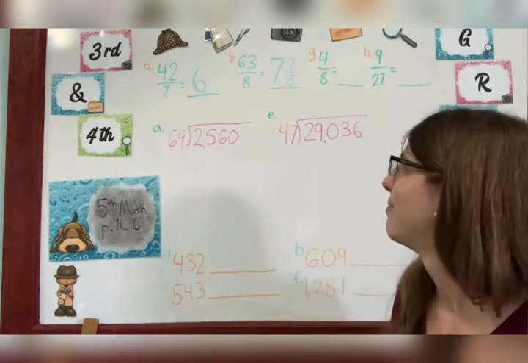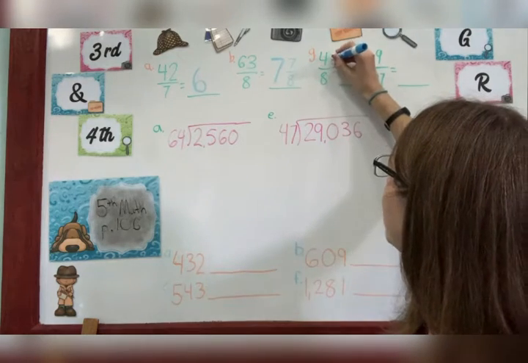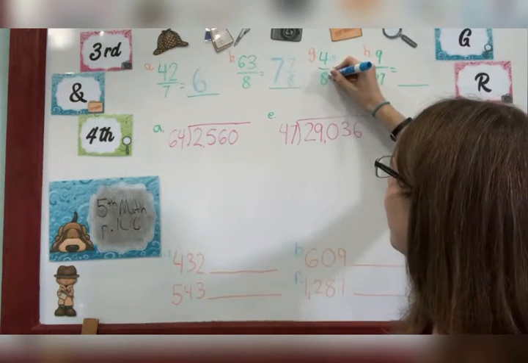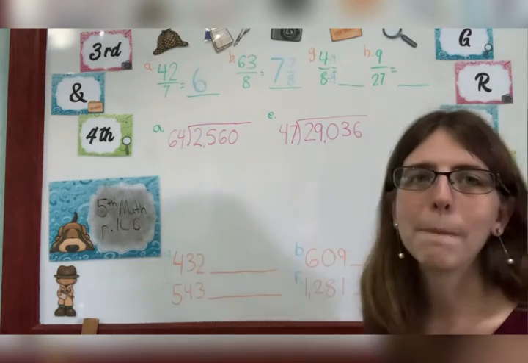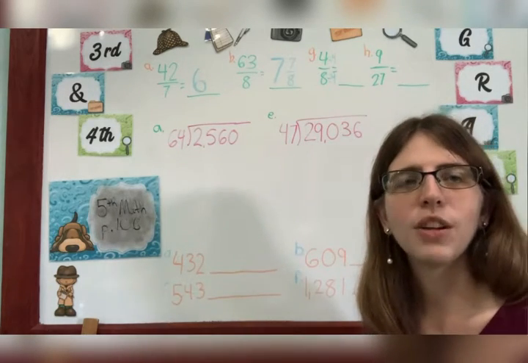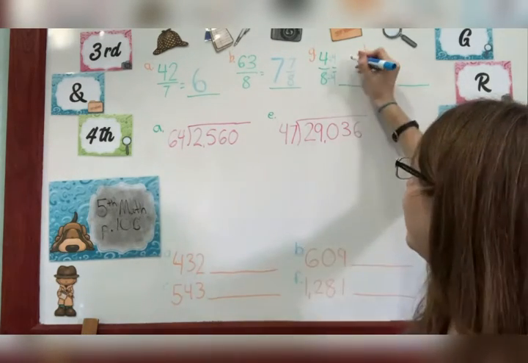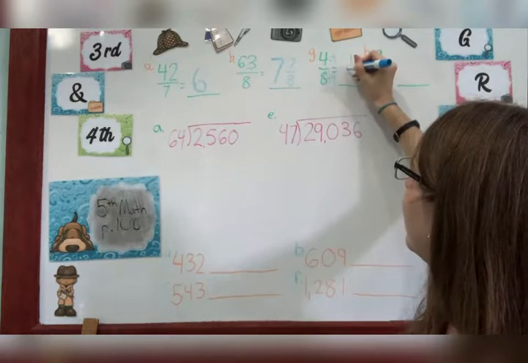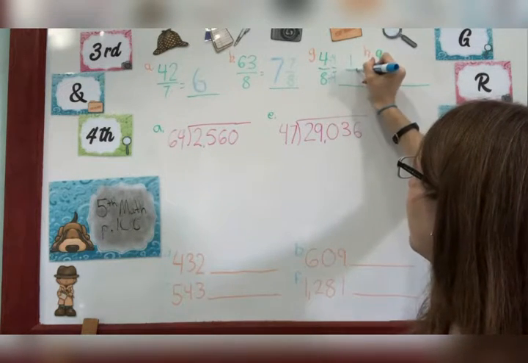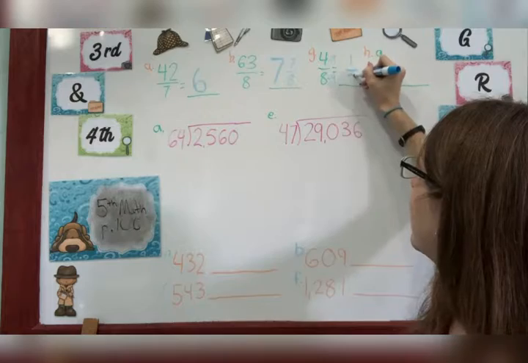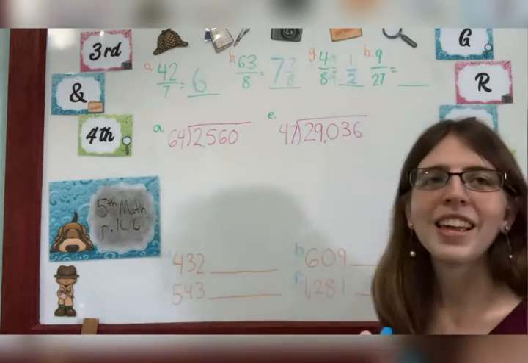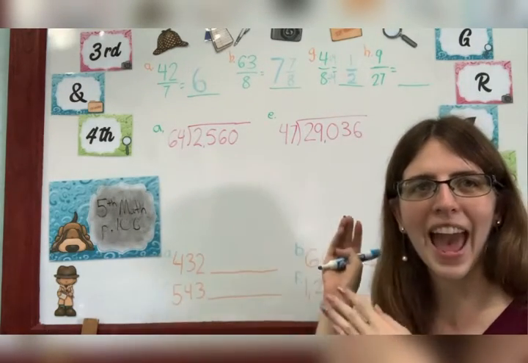Very good. So we divide our numerator and our denominator by 4. 4 divided by 4 is 1. 8 divided by 4 is 2. So our new fraction is 1/2.